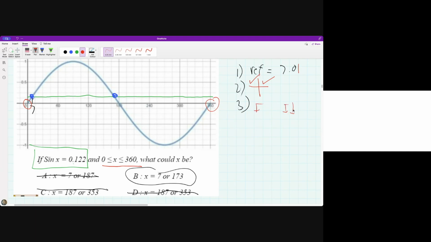And what we find is that if something is in quadrant 1, it's just going to be the reference angle. If it's in quadrant 2, it's 180 minus the reference angle. And so we would say here, x is 7, or x is 180 minus 7, which is 173, which is what they got here. If I wanted it to be a general solution, I would just add on the k times 360 here. Give me a happy face if you understand the connection between the graph and the method that we're using over here.